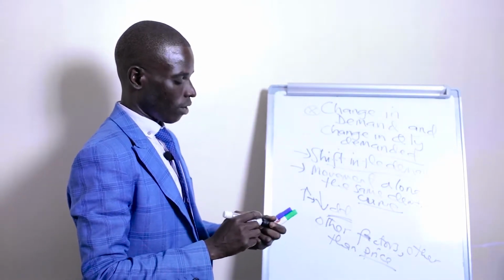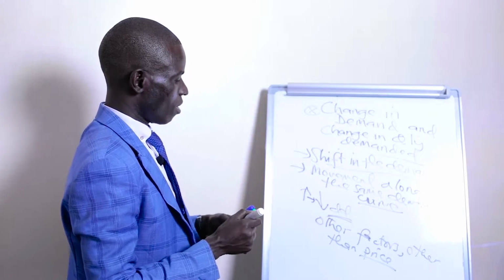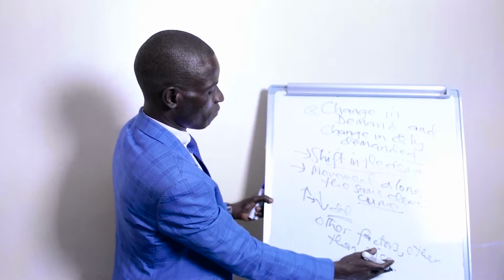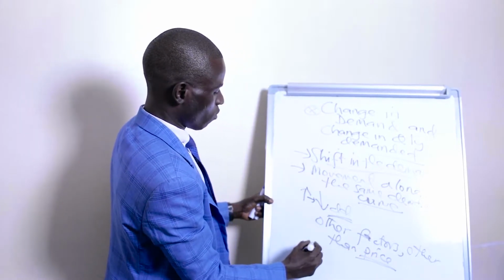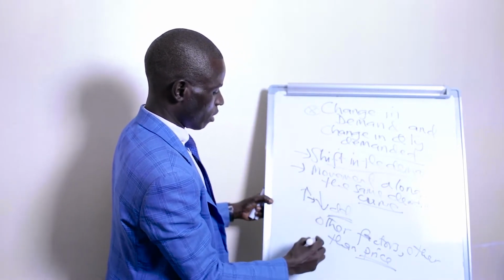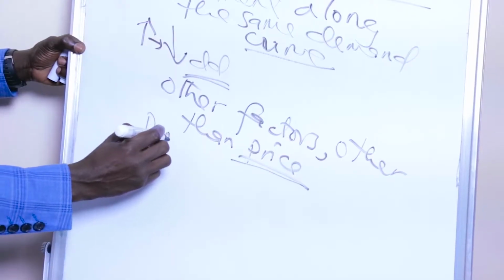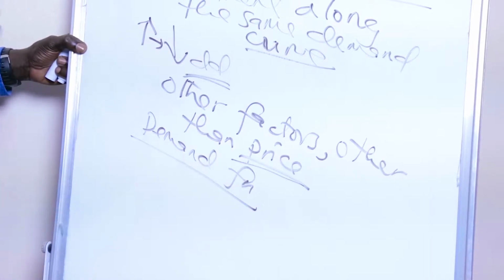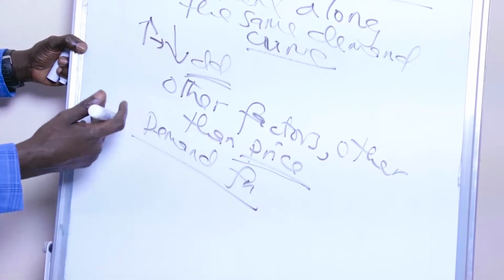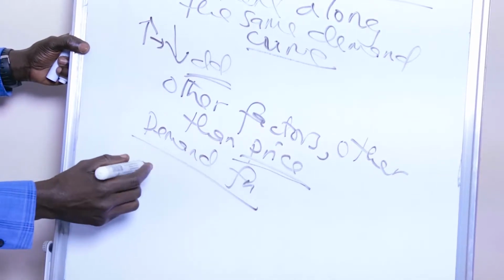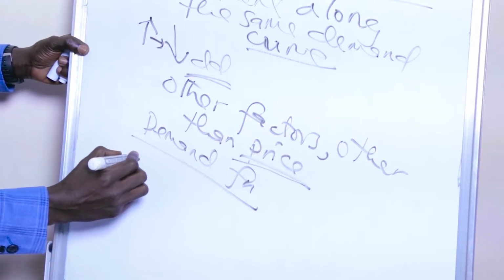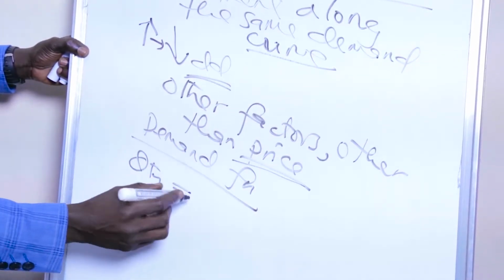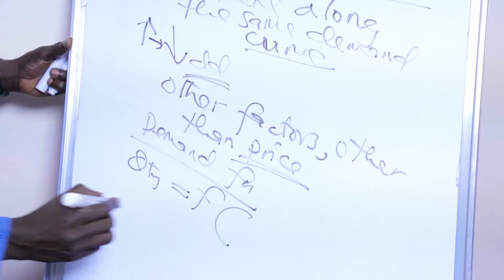When I was mentioning the factors that affect the demand for the commodity, we can briefly state them by using what we call the demand function, where the quantity demanded is equal to a function of different factors.